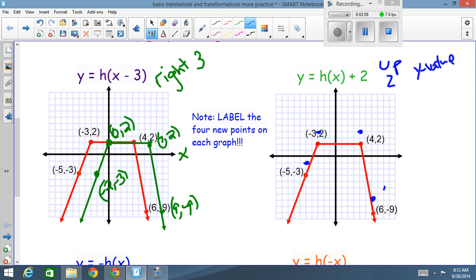My x value down here is still 6. But my y value went up 2, that becomes a negative 7. This 4 is going to stay the same, but the 2 goes up 2. Alright, so as you're changing left and right, you change your x's. As you change your up and down, you're changing your y's. Negative 5, negative 1. And then you go ahead and draw your picture.